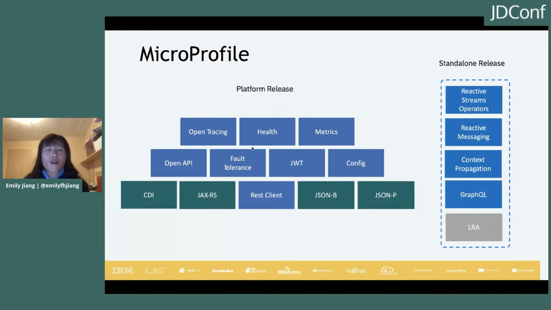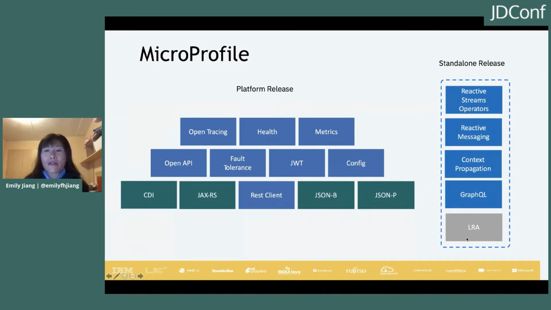These 12 specifications form the platform release. On the right-hand side are the standalone releases, which have basically been released in the last couple of years. We want a few more rounds of feedback before we merge them into the platform release. The boxes in gray have not been released.